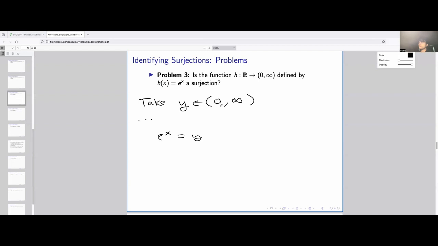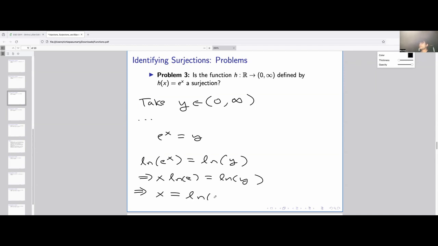That's no issue for us, right? So I can just take the natural log of both sides. That means x times the natural log of e is equal to the natural log of y, which means that this is just 1. This means that x is equal to the natural log of y.